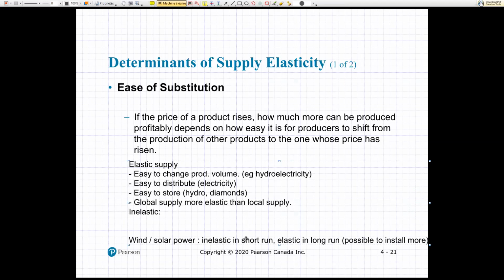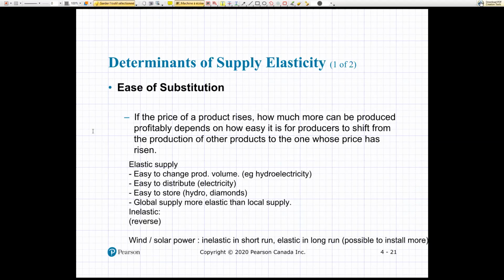So again, it depends on the technology and on the market. Conversely, if it's not easy to change production, not easy to distribute, this kind of thing, it depends really on the supply aspect of it.